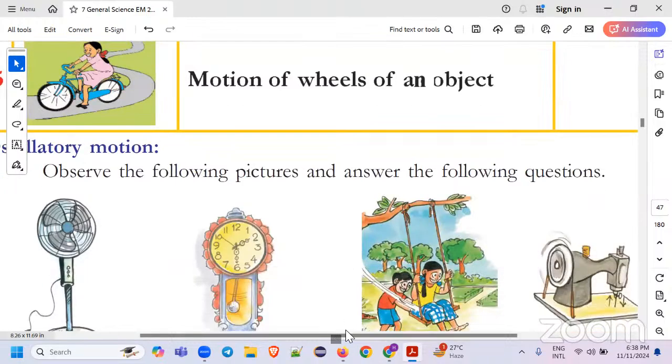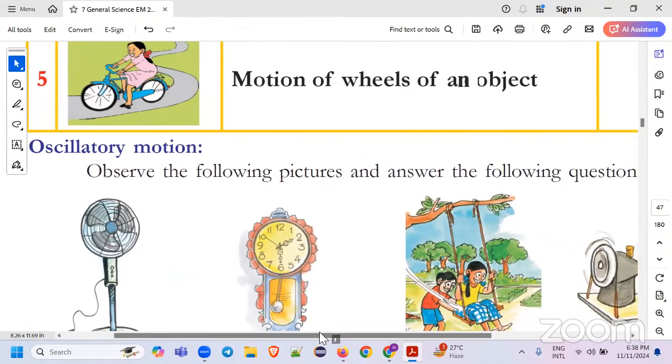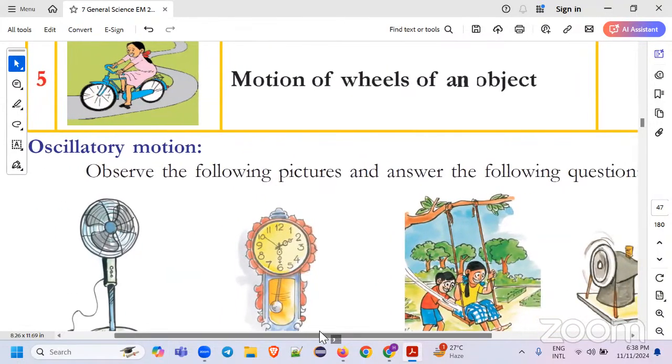So now we shall come to another kind of motion, oscillatory motion, or to and fro motion.